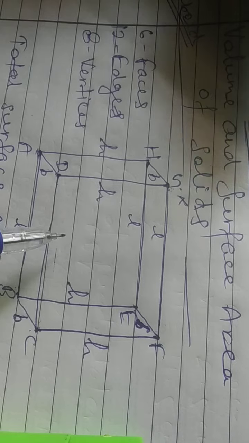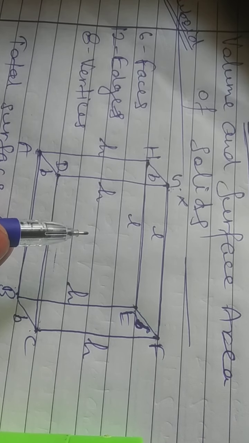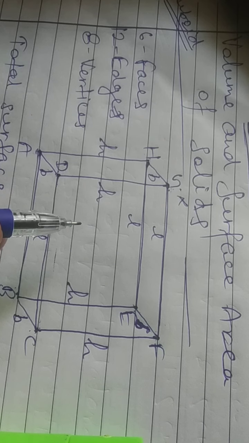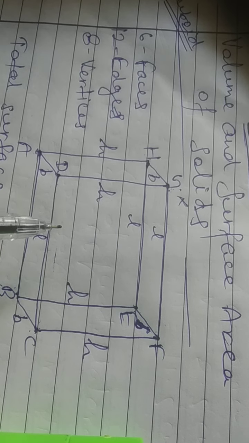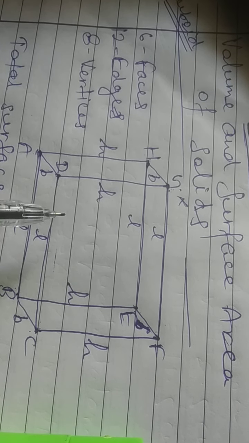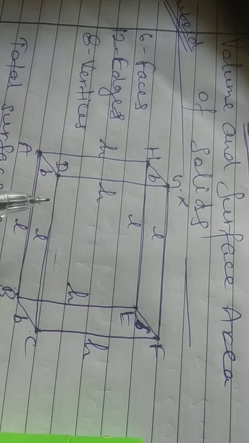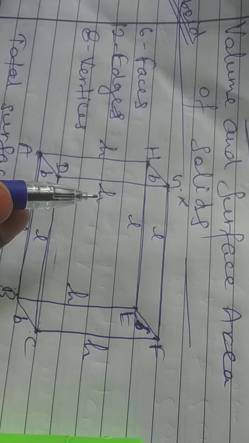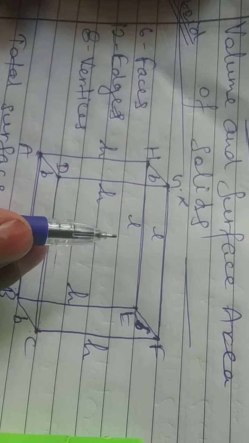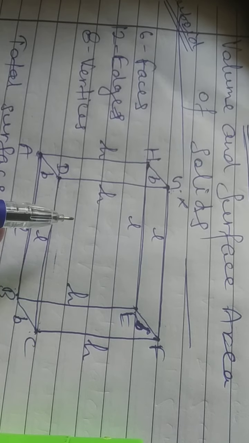Now we discuss the surface areas of a cuboid. There are 2 types of surface areas of a cuboid. The first one is known as lateral surface area, and the second one is total surface area. What do we mean by total surface area? The area of all the rectangles we see in this cuboid, collectively, is called the total surface area of the cuboid.